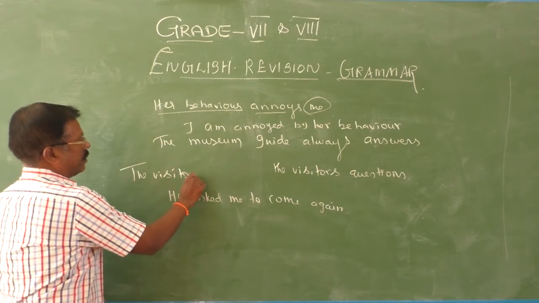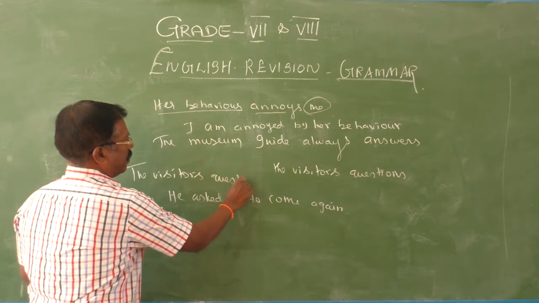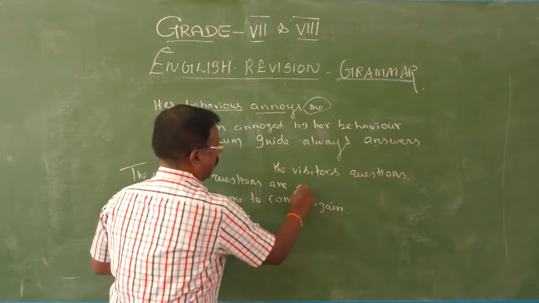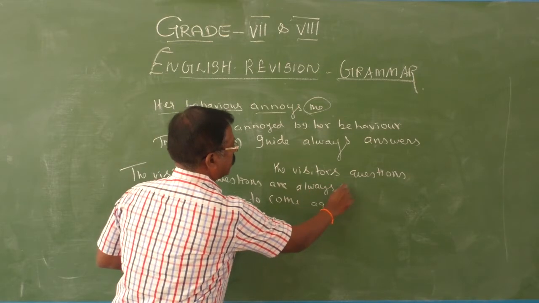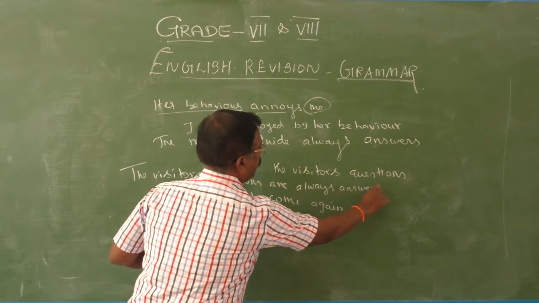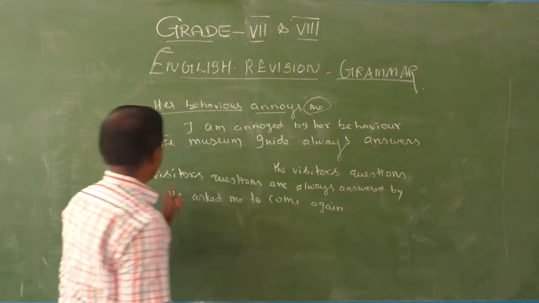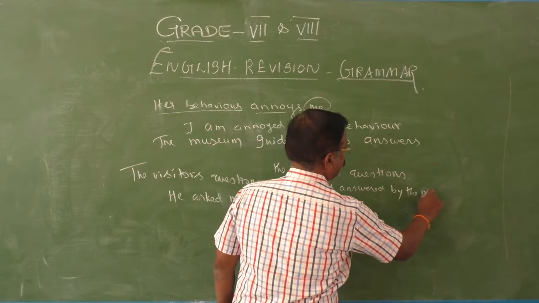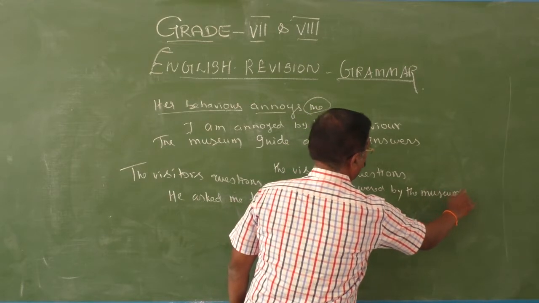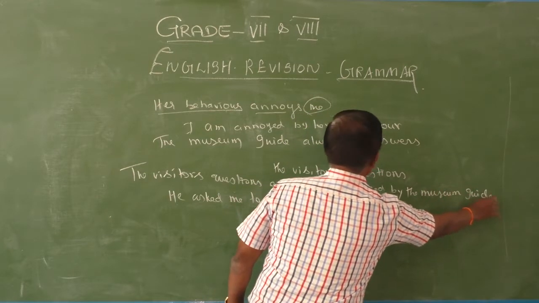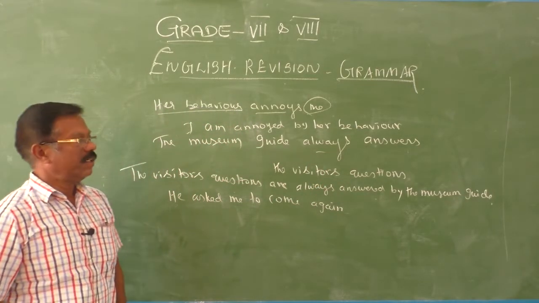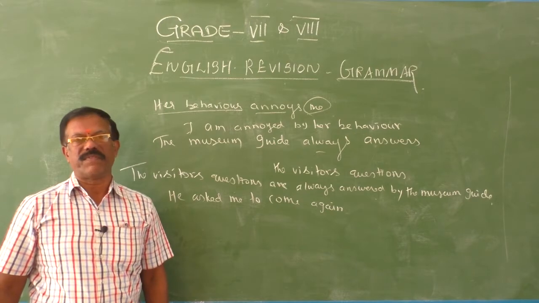The visitors' questions are always answered by the museum guide. So we see always is an adverb of frequency. So you should not change the place of the adverb of frequency.